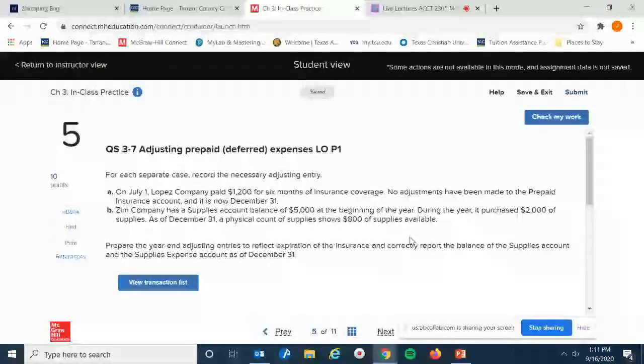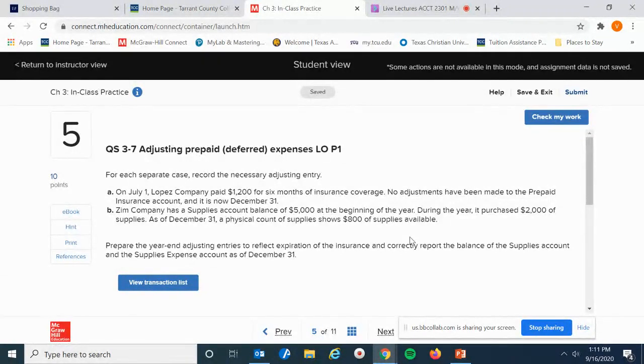All right, so let's look at the two separate cases here. On July 1st, the Lopez company paid $1,200 for 6 months of insurance coverage. You know that you have to be making a deferral or journal entry adjustment for deferred expense because the $1,200 for 6 months of insurance coverage is a prepaid expense.